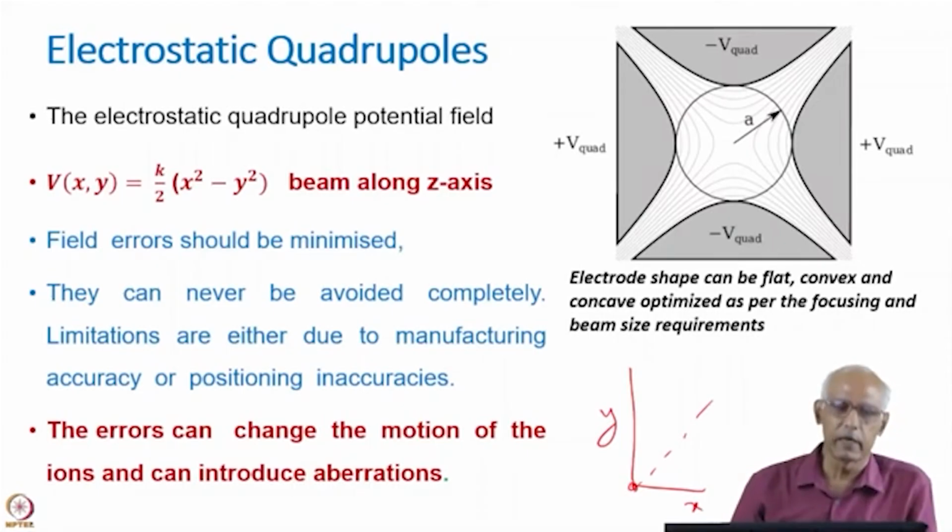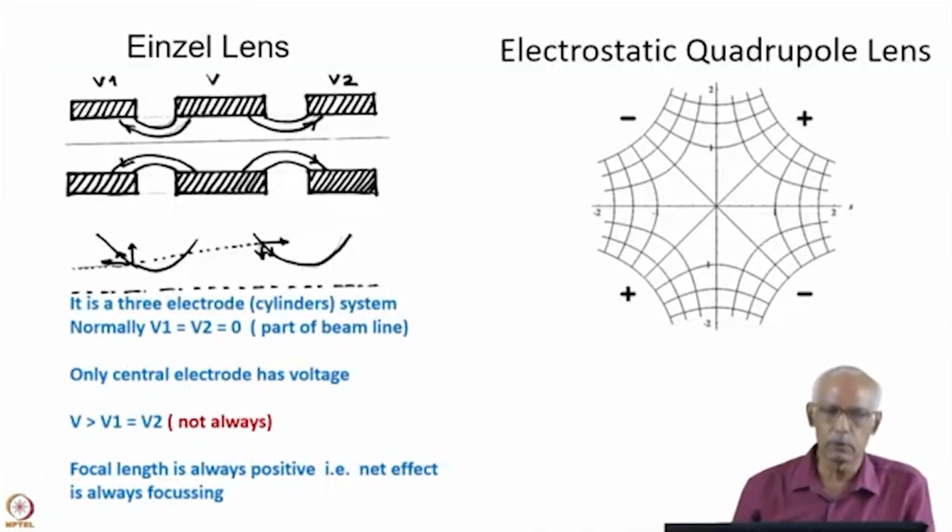So if there is an error in either the manufacturing or the positioning of the quadrupole, then there will be errors which will disturb the ion trajectories as well as the focusing effects of the quadrupole. These errors not only can change the focusing effects, but also can change the motion of the ions, and they can induce the aberrations which I have mentioned. This is true for both electrostatic as well as magnetic quadrupoles.